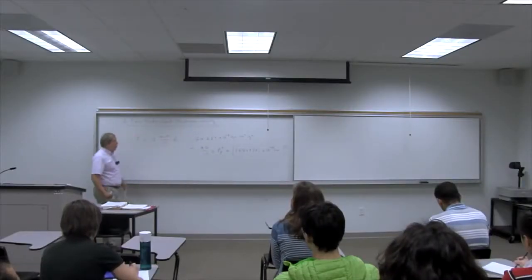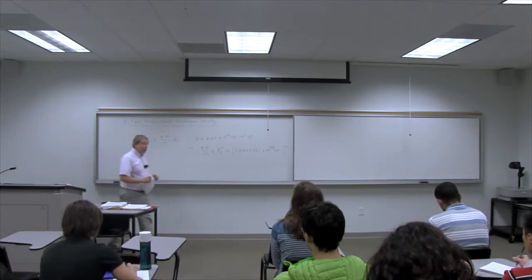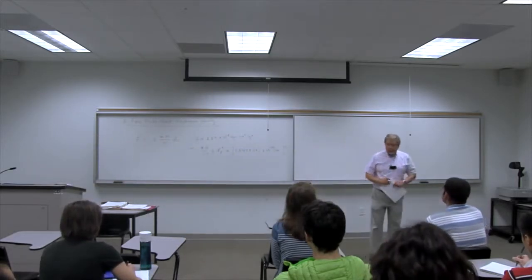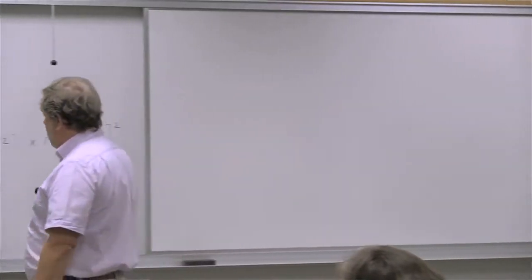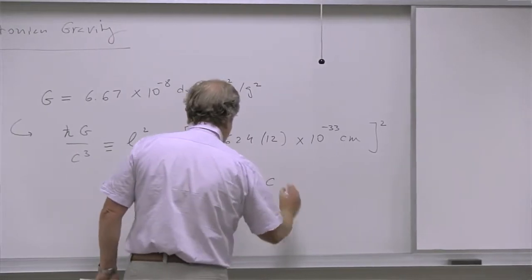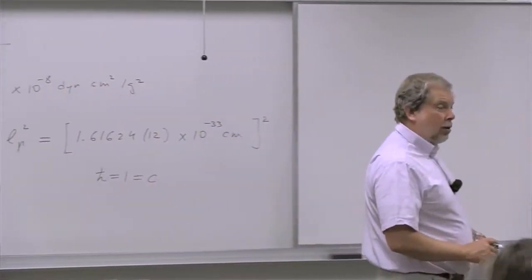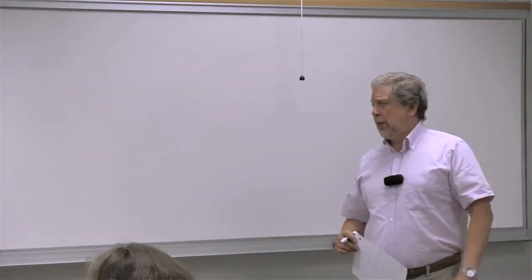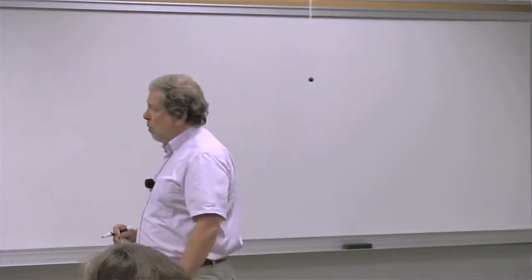So in Newton's theory, there is this constant that appears that has natural dimensions of a length squared in these units. And so we can choose Planck's constant to be 1. We can choose the speed of light to be 1 by measuring distances and times with the same units.